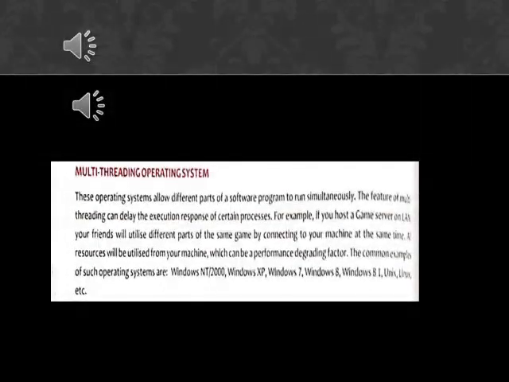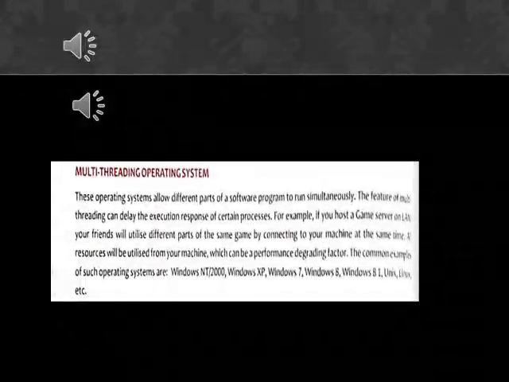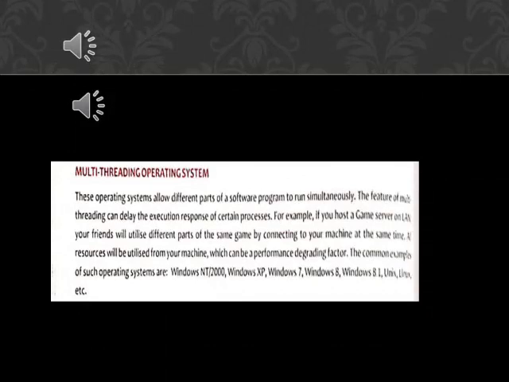If we summarize, a multithreading operating system means more than one task can run simultaneously for a single process. Common examples of such operating systems, that is multithreading operating systems, are Windows NT, 2000, Windows XP, Windows 7, Windows 8, Windows 8.1, Unix, Linux, etc.